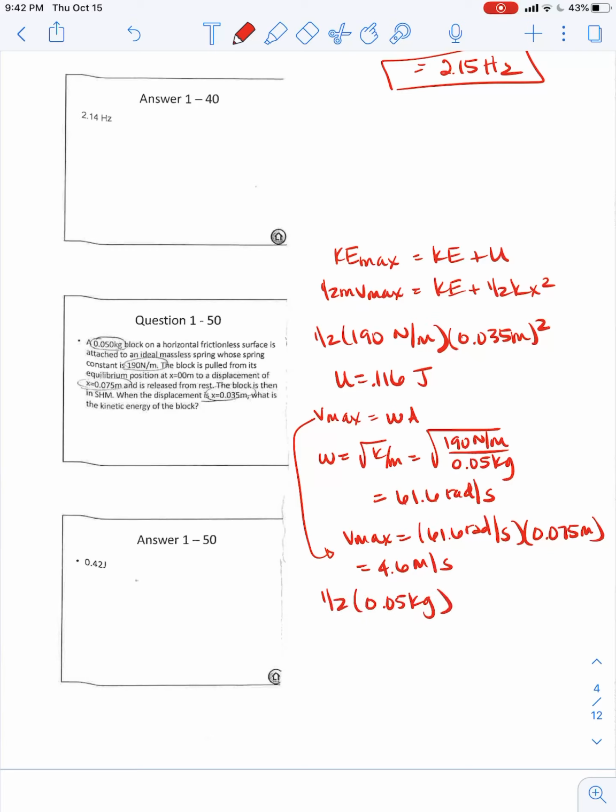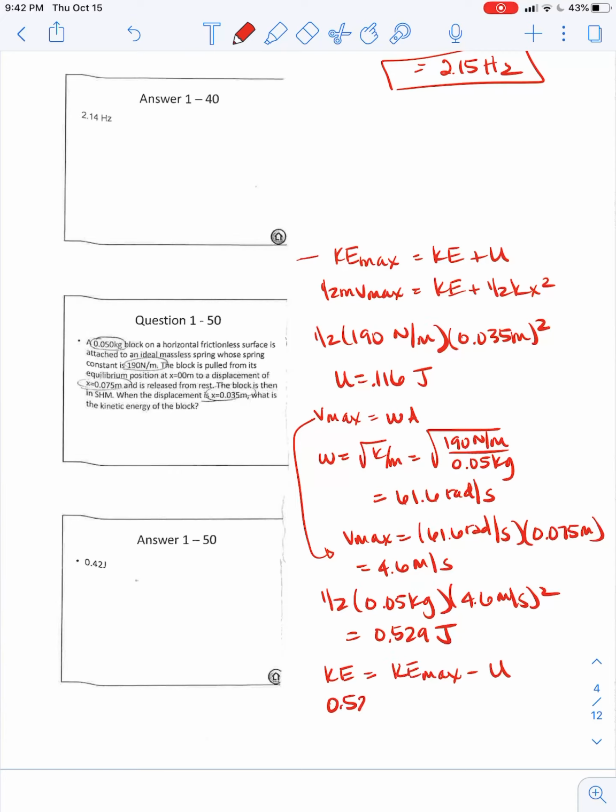Got 1/2 times 0.05 kilograms times 4.6 meters per second squared is equal to 0.529 joules. And then if you go through and just replace that into this top equation, then kinetic energy is equal to your kinetic energy max minus your potential energy.